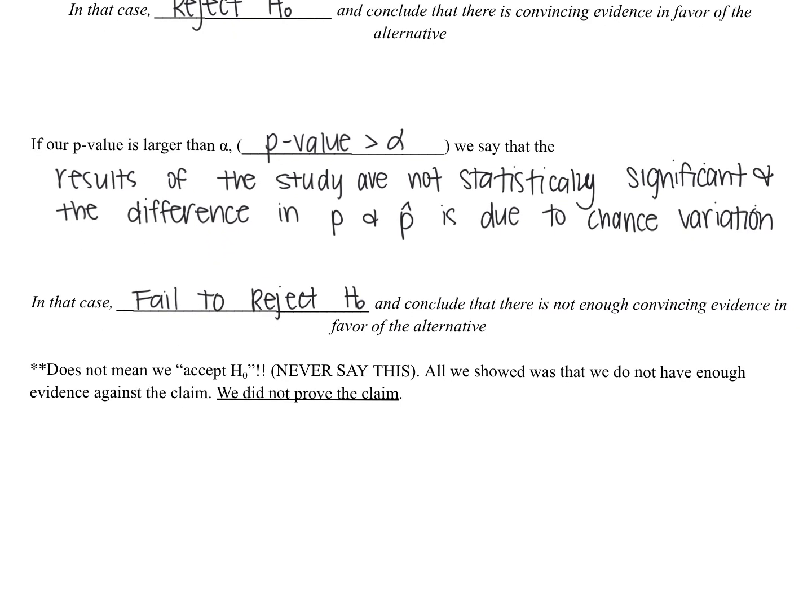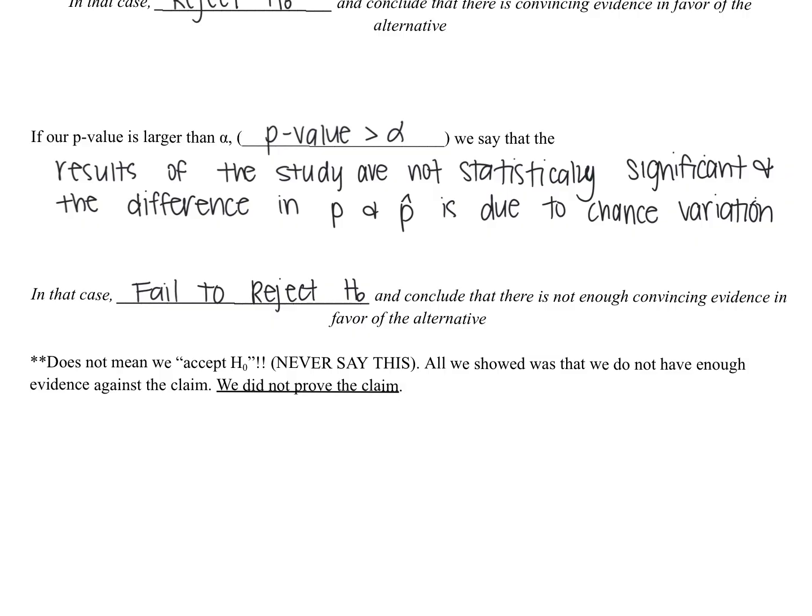It is very important here that when we fail to reject the null hypothesis, that does not mean we accept the null hypothesis. We never actually say the null hypothesis is true. We either have enough evidence in favor of the alternative or we don't.